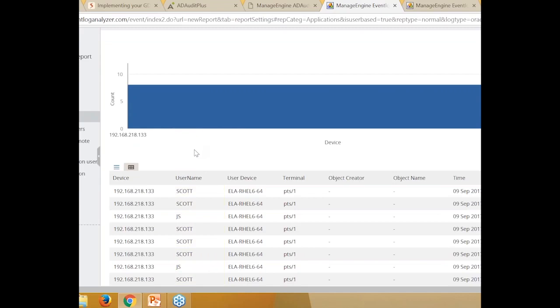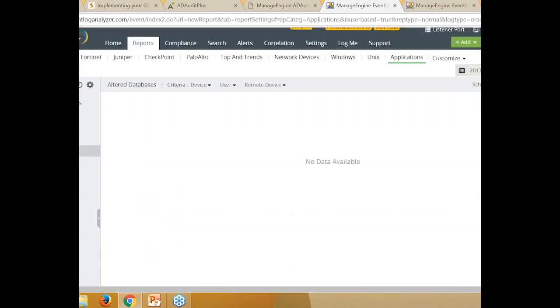So with this, I can track unauthorized attempts being made to my database and find out if there is any potential threat to the data in the database. Even apart from just failed logons, the scope of auditing your database is quite big, and you can also audit things like your DDL changes, your DML changes, and maybe I'm looking at modified tables in the database, or rather the altered databases.